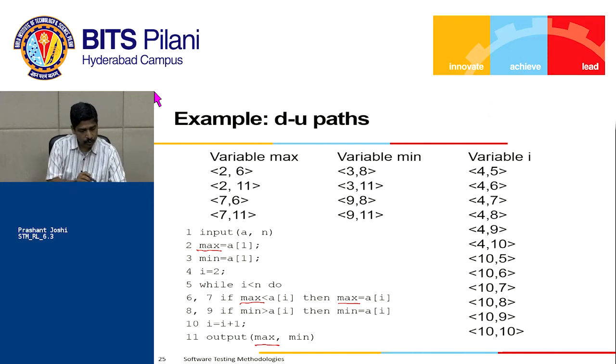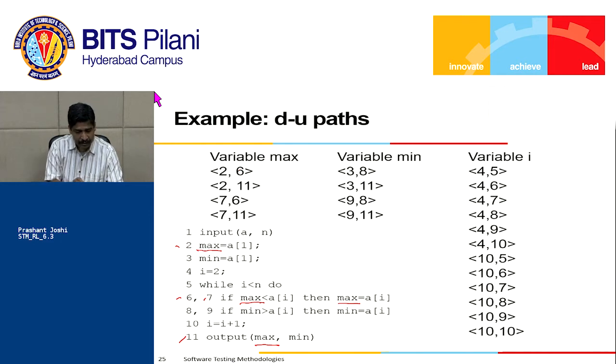I find it in 2, 6, 7, 11. 2, 6, 7, and 11 is where I find. So I'm going to find out anything around 2, 6, 7, and 11. So in 2, what is happening? A definition is taking place in 2. So 2 is D.